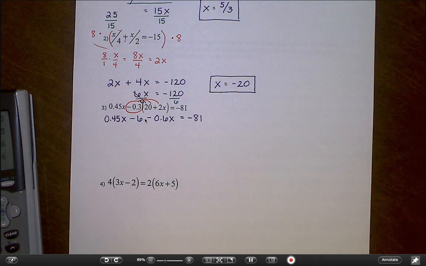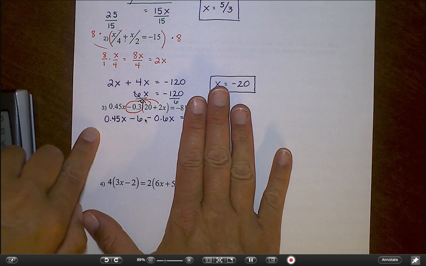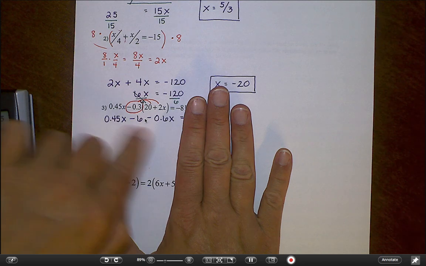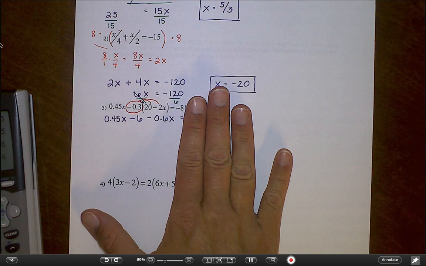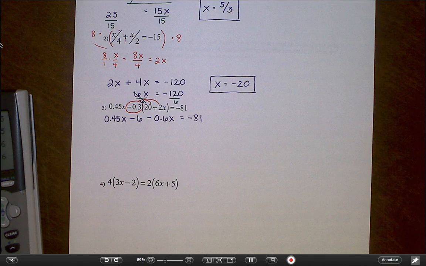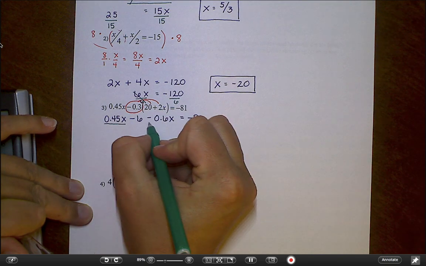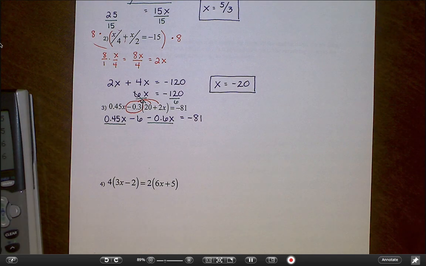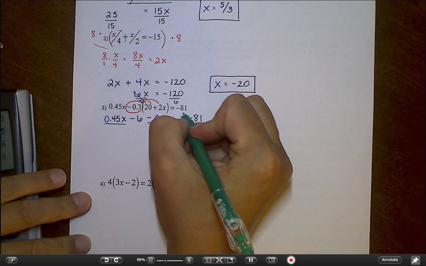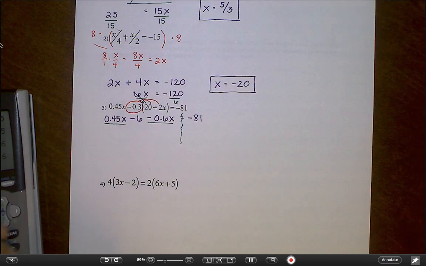Okay. All of this is together on the left side of the equation, which means anything that's like terms on this left side, I can go ahead and combine. And so what I'm going to combine here is the 0.45x with the negative 0.6x. But these are together on the same side of the equals. So I'm not going to do anything where I'm balancing it.